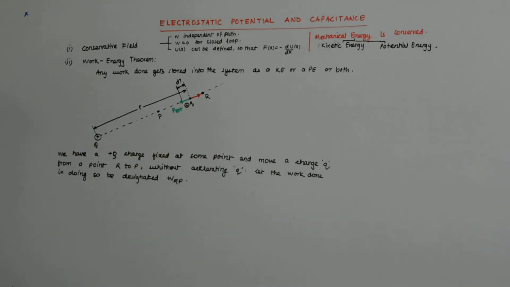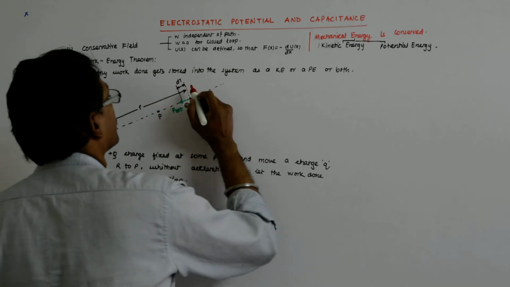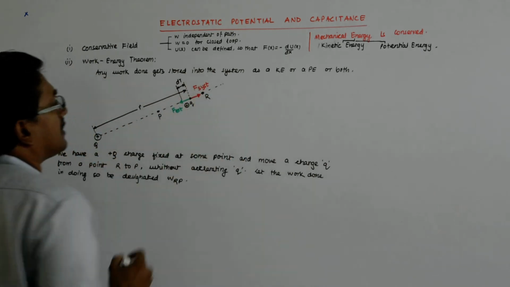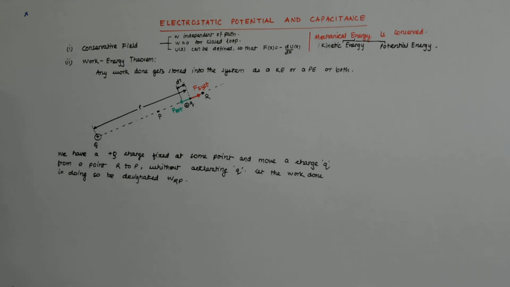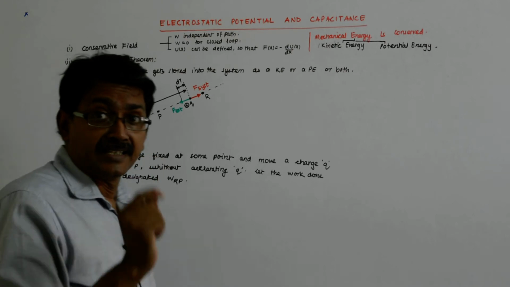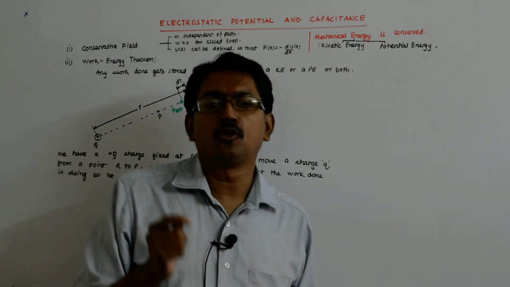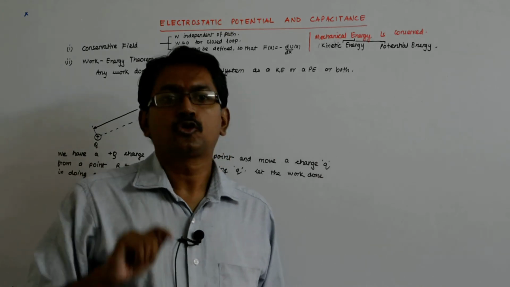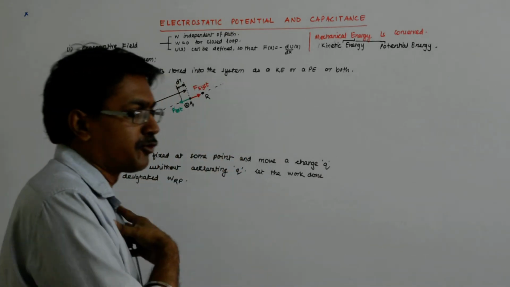This is the system force, F system. Now what am I doing? I am trying to move the charge in a direction opposite to the force that it is experiencing.